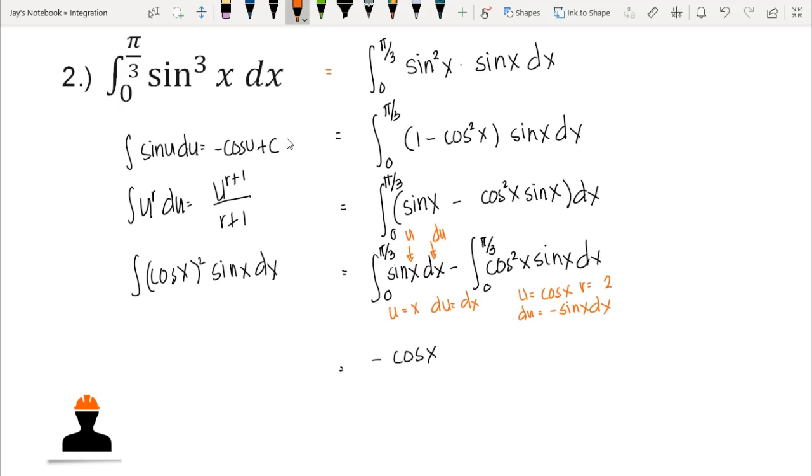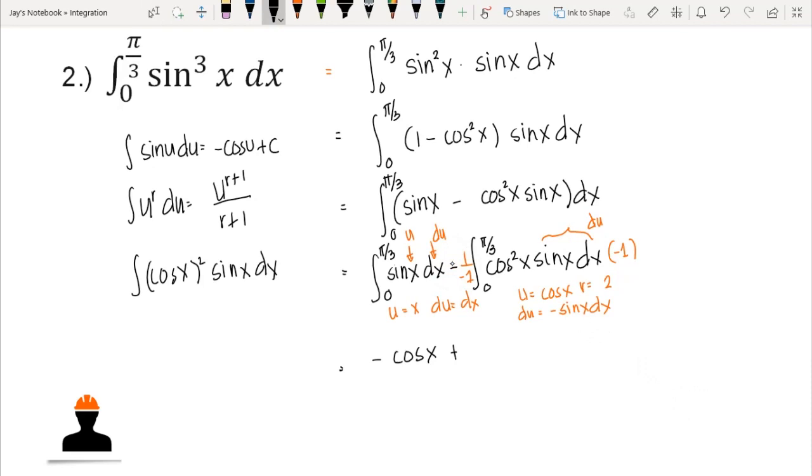Upon looking at the integrand, we are lacking a negative sign. If this is our du, we are lacking a negative sign, so we multiply by negative 1 inside and 1 over negative 1 outside of the integration. Since we already have a negative sign outside of the integrand, negative times negative gives a positive sign between the two terms.